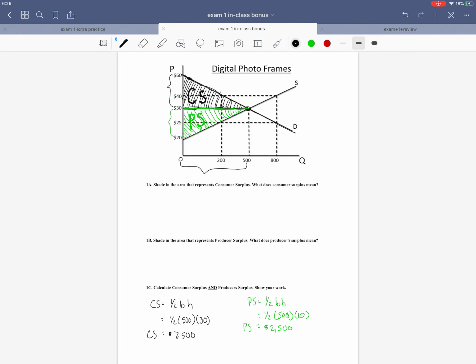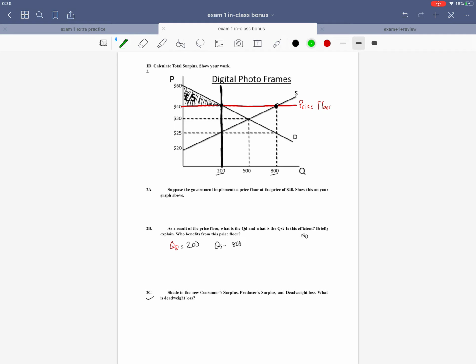Our producer surplus is going to be the area above the supply curve and below the market price. But once again, we're not going past these 200 units. So this area represents our producer surplus.